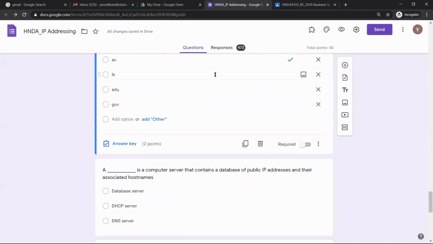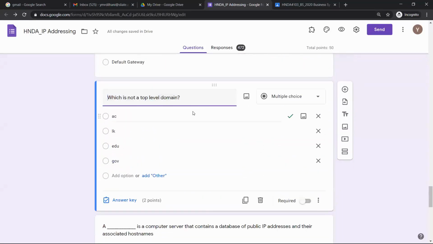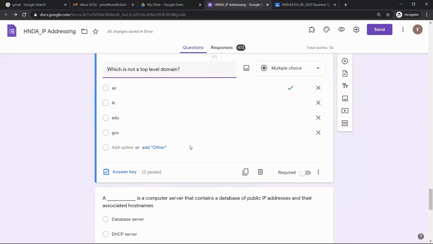And here we have discussed that we have a hierarchical system of domains, and we have a set of top level domains and subdomains as well. So here if we check AC, LK, EDU, Gov, out of this LK is a top level domain, EDU is a top level domain, Gov is a top level domain, but AC is not a top level domain.